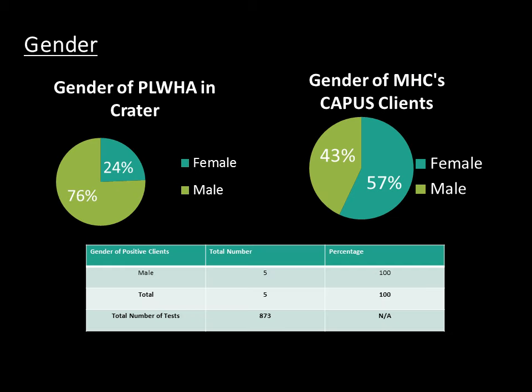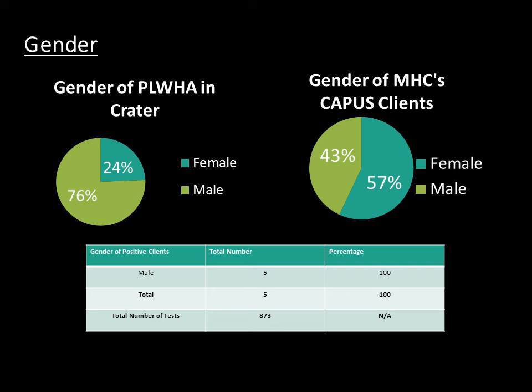So the reports we break down by race, ethnicity, gender, risk category, and we also share overall HIV testing numbers as well as linkage to care. So this is just an example of one of the pieces that we share. This is for one of our agencies who provides HIV testing in the Crater Health District.